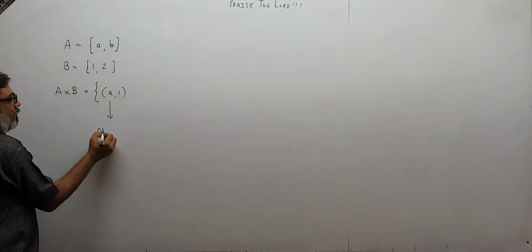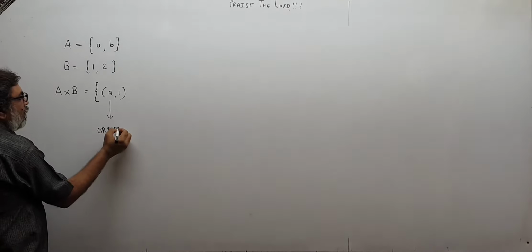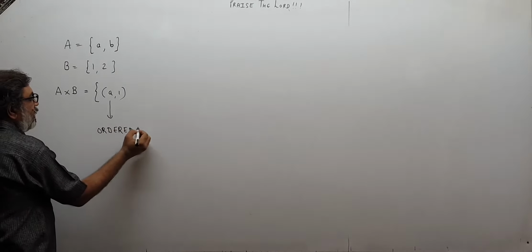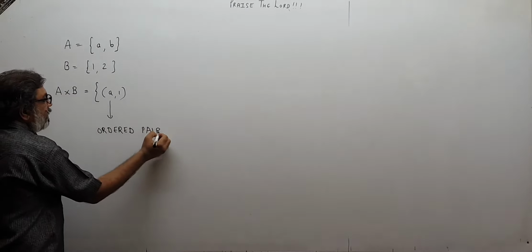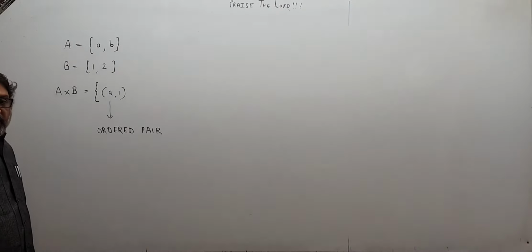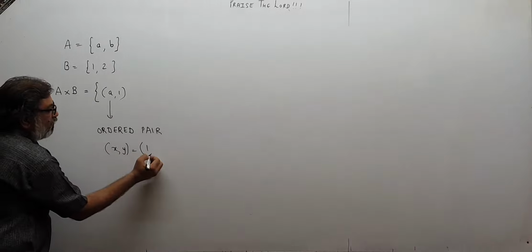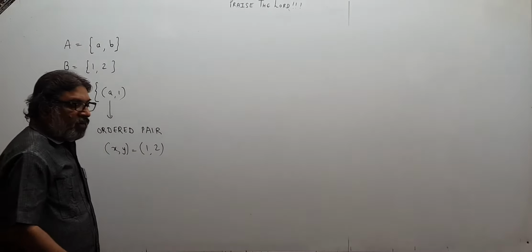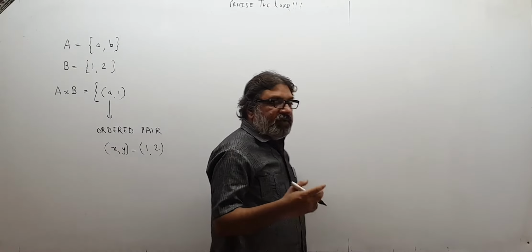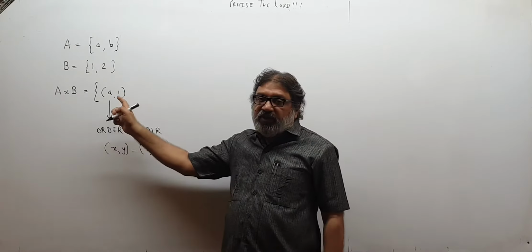This is an ordered pair, and about ordered pair you have already seen in your class 9 and 10 in coordinate geometry, when you were writing the point (x, y) as (1, 2). So this is nothing but the geometric meaning. This ordered pair means what?